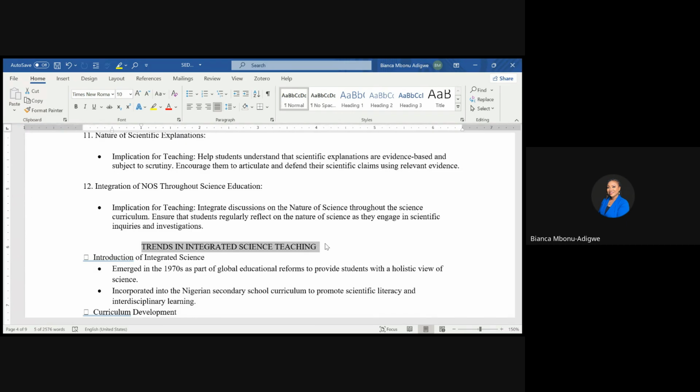So I don't want to start telling you this is what it is, this is what you are going to do for me now. You are going to look up trends in integrated science teaching. I have it here, but I don't want to start telling you what it's all about. I want you to go and do that research. This is your area. This is what you are doing in this university. So you need to know the trends.